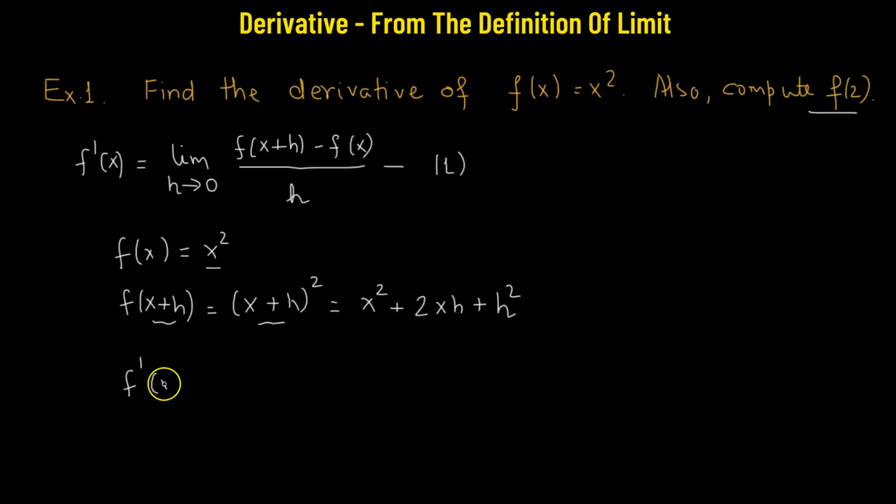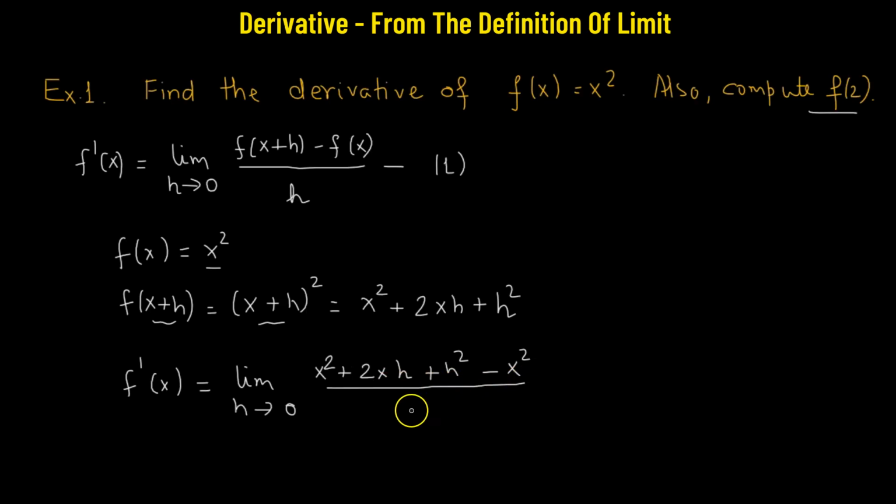So f prime of x will be equal to limit when h approaches the value 0, f of x plus h, that's simply x squared plus 2xh plus h squared minus f of x, which is x squared, divided by h.